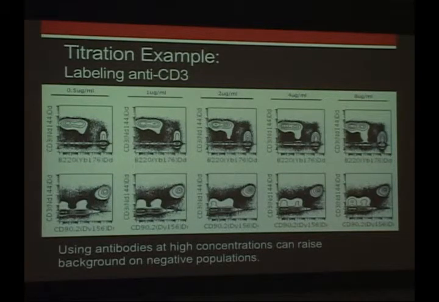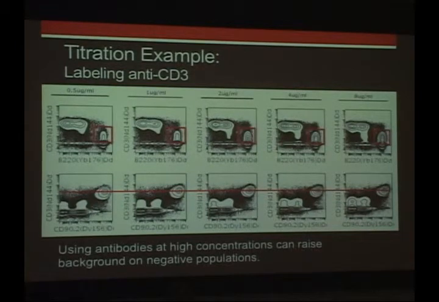So looking at a newly labeled anti-CD3 antibody, comparing it to its expression on T cells or B cells, you can see that increasing the concentration, in this case 16-fold, doesn't make a huge difference on the CD3 labeling for the T cells, but what does start to happen is your B cells start to label with CD3, which is fairly inconvenient when you're trying to gate those populations very cleanly, and especially when you're trying to use some of the unsupervised methods of data analysis that Sean briefly touched on at the end of his talk. So using antibodies at high concentrations can be equally problematic as using antibodies at too low of a concentration.